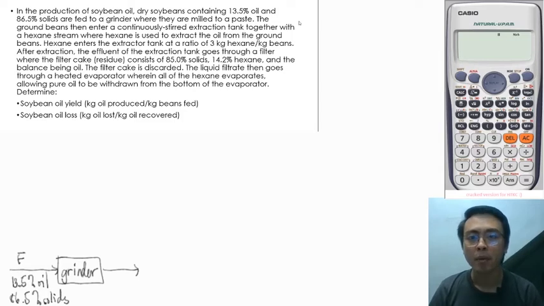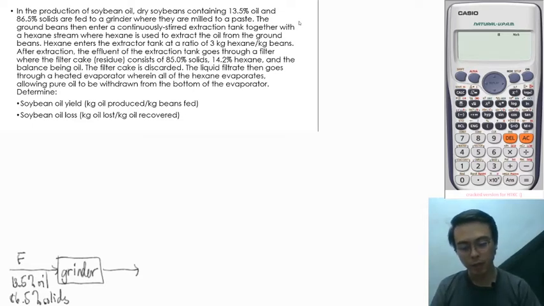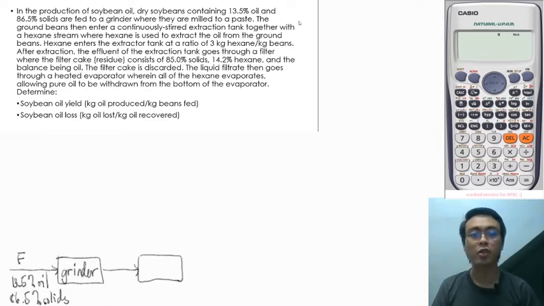Okay? After that, the ground beans then enter a continuously stirred extraction tank together with a hexane stream, where the hexane is used to extract the oil from the ground beans. So even if it says that it enters a continuously stirred extraction tank as a unit, you can simply call it a tank because our purpose is to just mix the hexane with the ground soybeans.